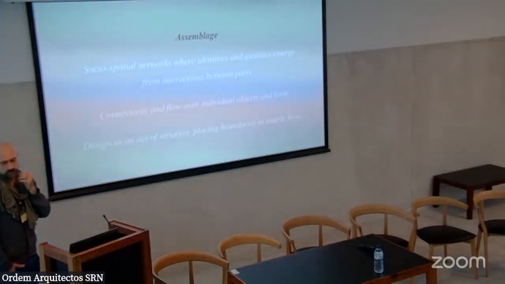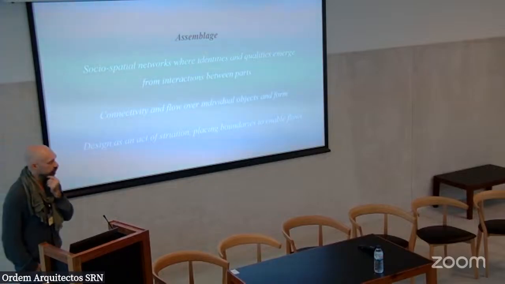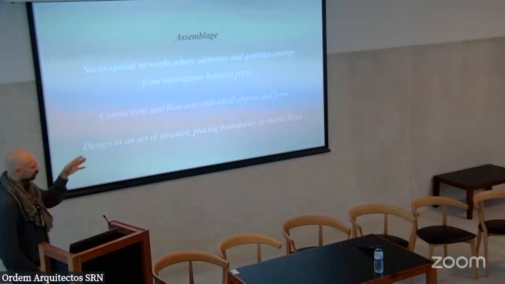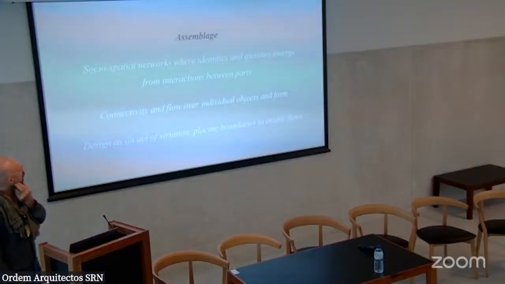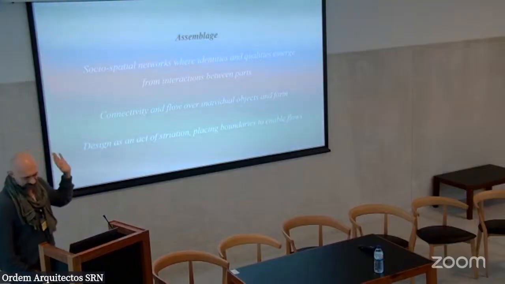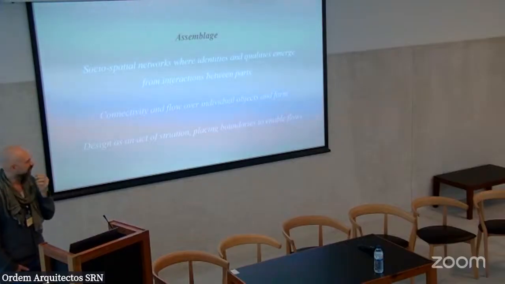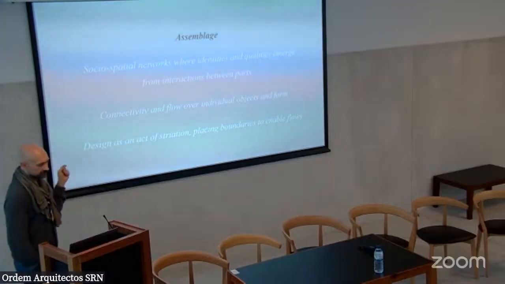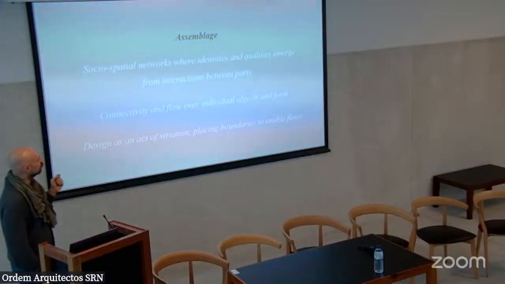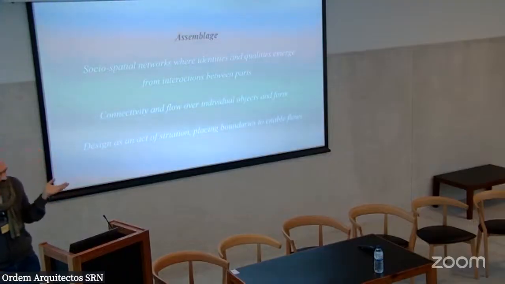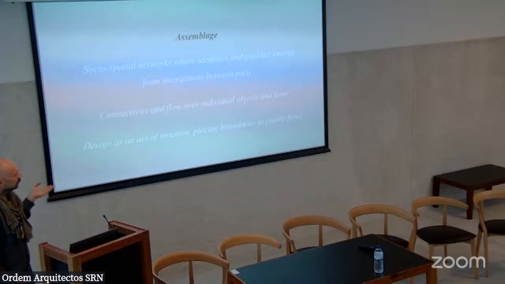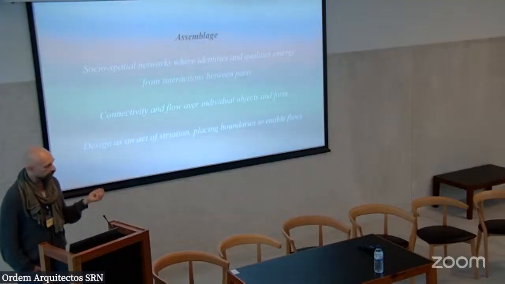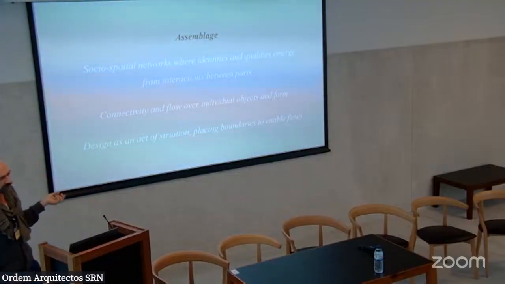What's an assemblage? To refer to the concept of assemblage, I refer to the formulation of Deleuze and Guattari, as then extended by Manuel de Landa. So in synthesis, I won't present you with the cross graph that usually accompanies the Deleuze and Guattari concept of assemblage, but it's a social spatial network where identities and qualities emerge from interaction between parts, where connectivity and flow take precedence in understanding what's going on over objects and form, and in which design is an act of striation.